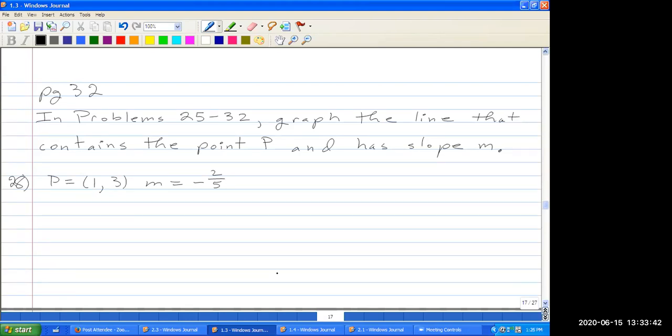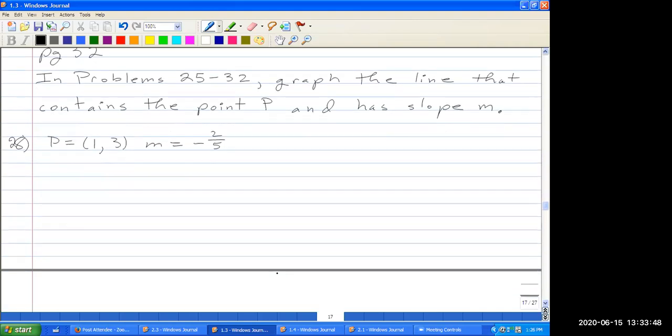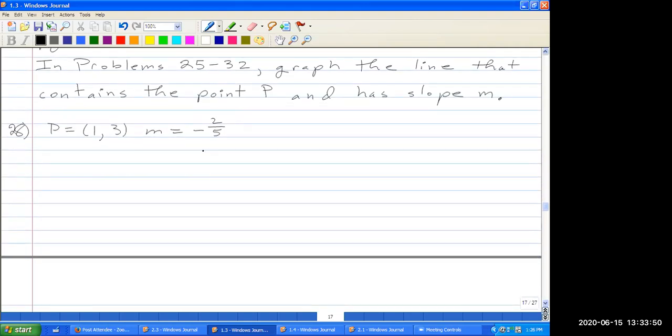Okay, so let's do that. And so I start out at (1, 3).